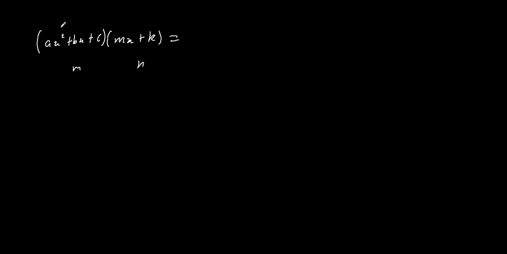In this case, m is 2 and n is 1, so the degrees end up adding together. When we do the expansion, we get a m x cubed, and the highest power we can ever get is x cubed, and we can only get that from multiplying the highest powers.